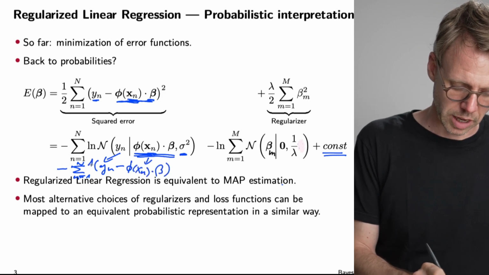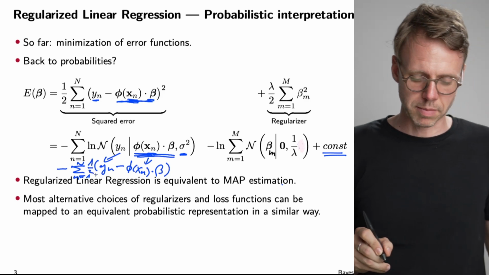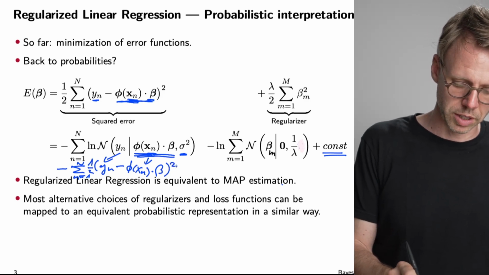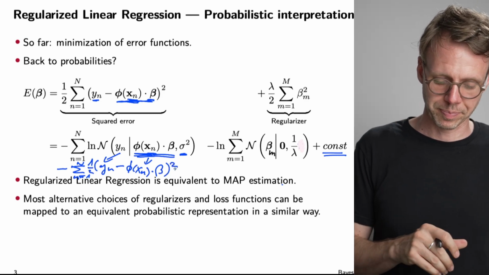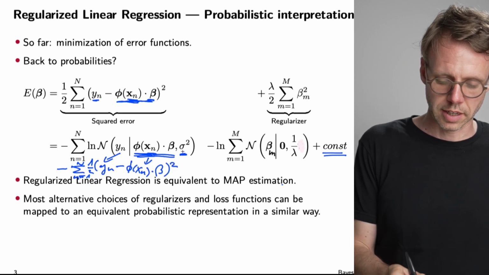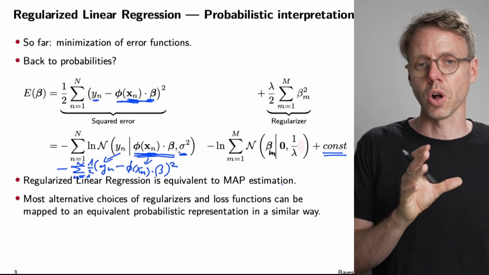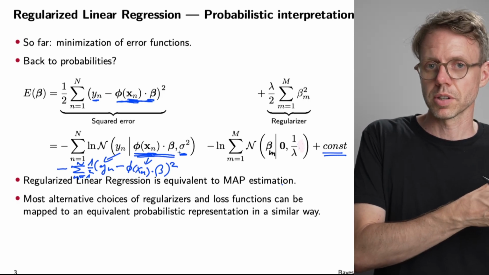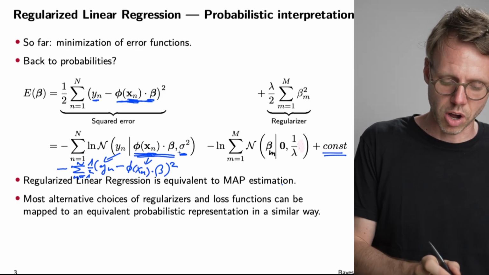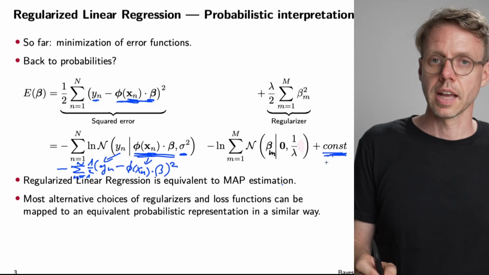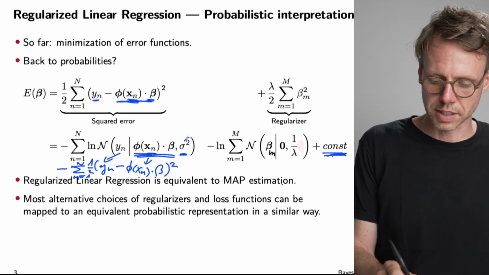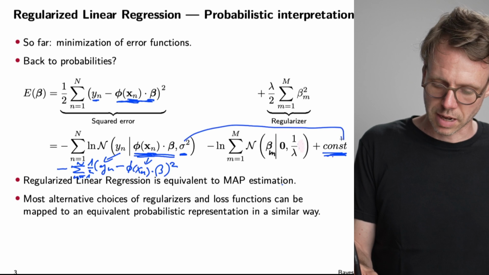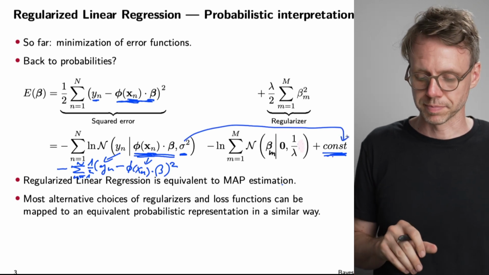And of course, we have 1/2 times this to the squared. Note that sigma squared here is also considered a multiplicative constant of the likelihood. So after taking the log, it becomes an additive constant. So all the terms that depend on sigma are moved here into the constant.